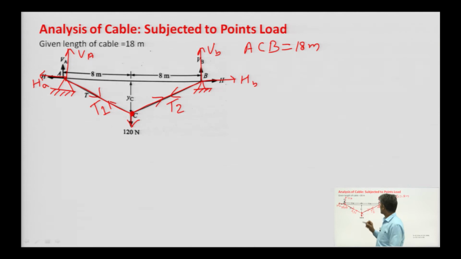Otherwise, total unknown forces will be here, it will be 1, 2, 3, 4, 5, 6. Okay. Total 6 unknowns there and the equilibrium equations available to us are only 3.